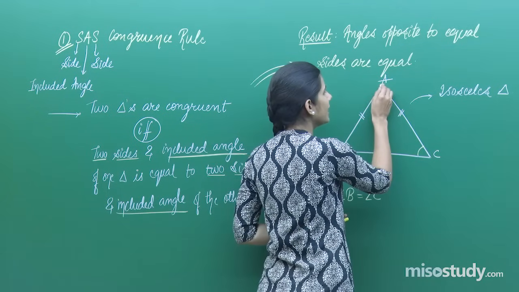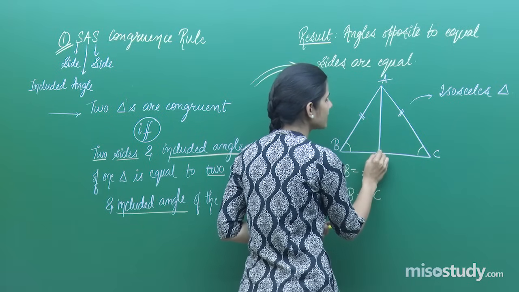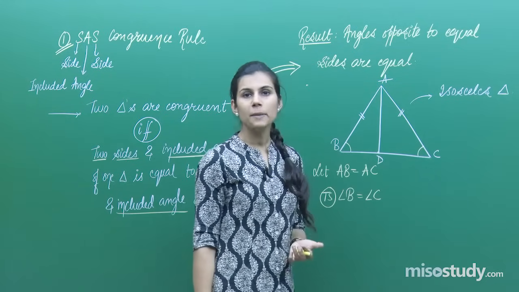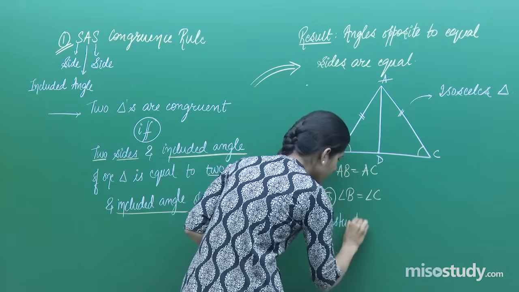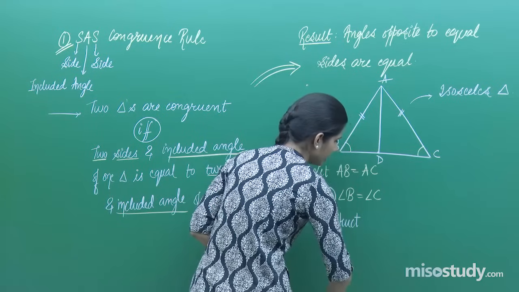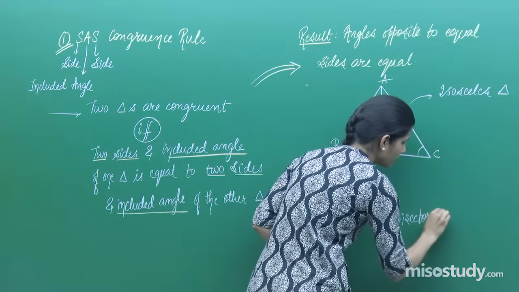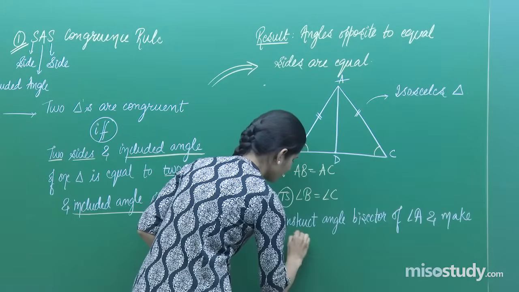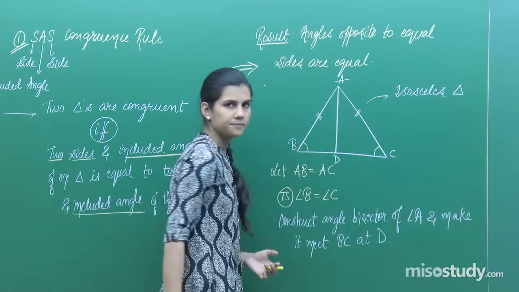So what I do, I consider the angle bisector of angle A and make it meet the opposite side of angle A, that is BC, at D. So I am constructing AD: construct the angle bisector of angle A and make it meet the opposite side, that is BC, at D.